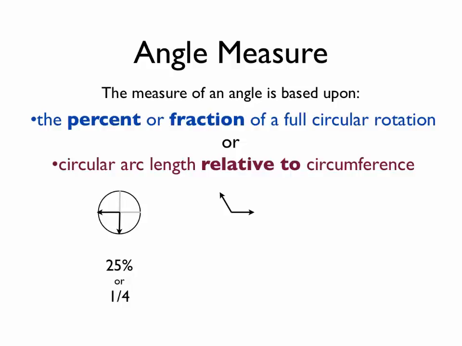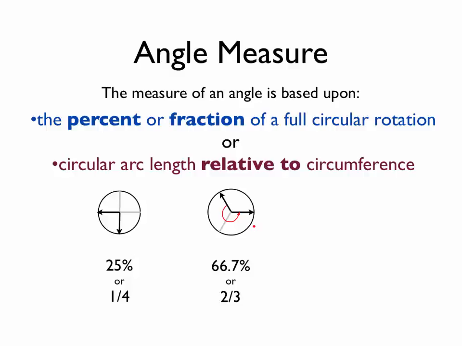Again, given an angle, put its vertex at the center of a circle. So what would this represent? It's not 1/3. I wanted this one. 2/3. 66.7%, or 2/3.